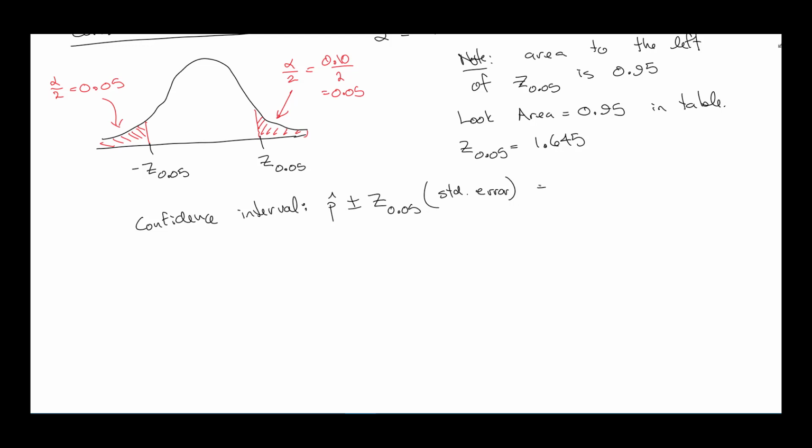If you want, you can write this down: plus or minus z.05 times the sigma of all the p hats. And remember, that's what we had to estimate with what we did before.